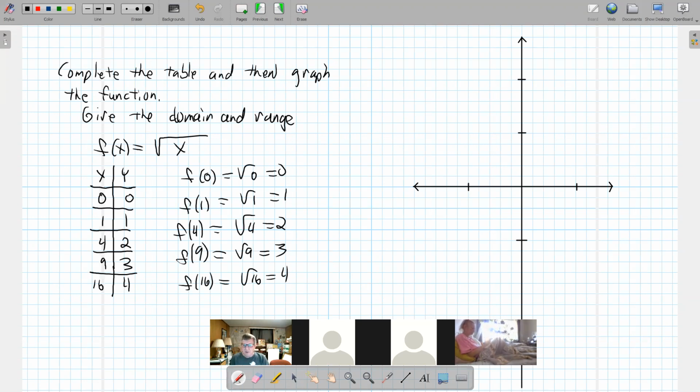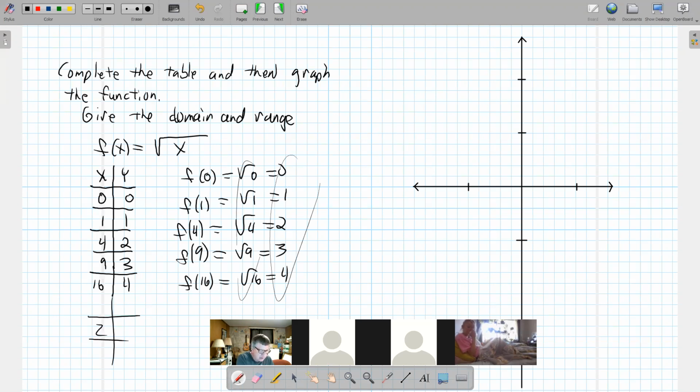Now, notice that, as I said earlier, the x values were already given in this problem. They deliberately chose x values that were perfect squares, numbers with two identical factors, so that when you took the square root of it, you got nice whole number answers. For instance, I could have let x equal 2.